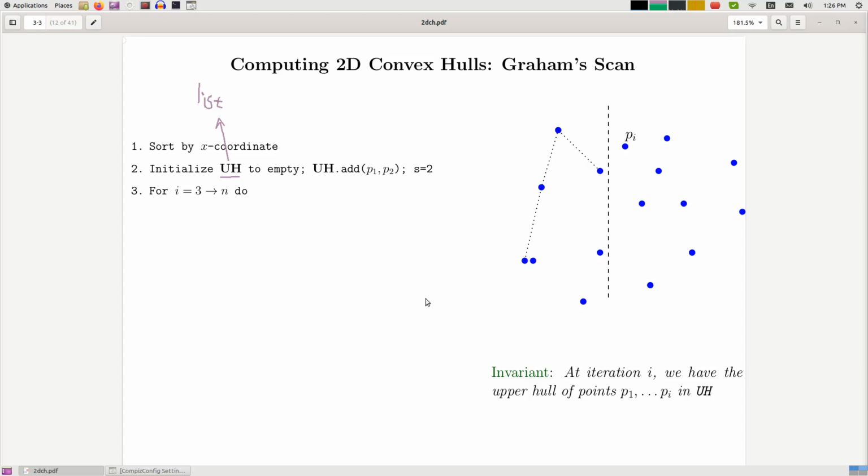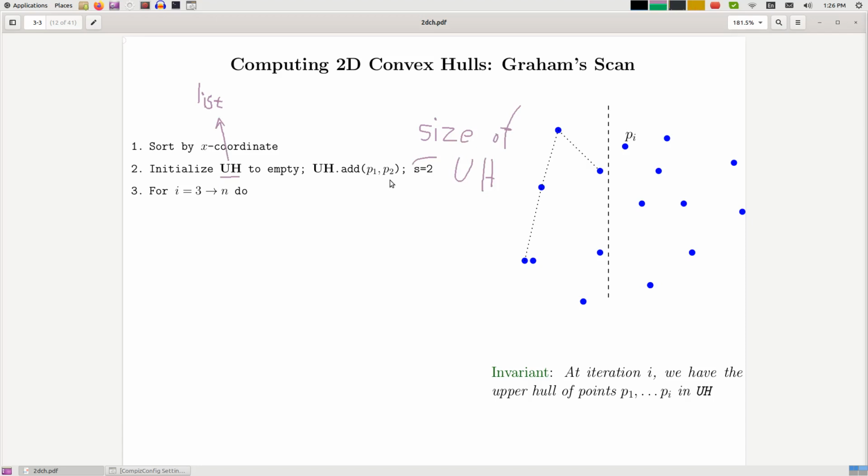This means that when i equals n, when we finish the last iteration, then by the invariant, I have the upper hull of all the points p1 up to pn inside this variable, which is exactly what we want. Okay, so if I can maintain this invariant from one iteration to the next iteration, then I'm done. And this s, I put it for the size, right? You don't necessarily need it if your data structure implicitly has the size of UH.